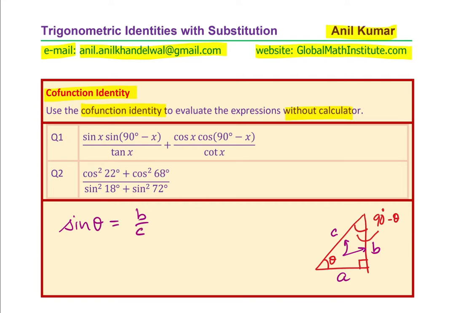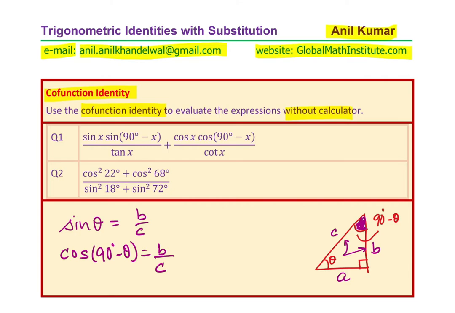Now see what is cos of 90 minus theta. When you see from the other angle, which is 90 minus theta, the adjacent side now is B, which was the opposite to theta. So that is also B over C. So what you notice here is cos of 90 minus theta is actually equal to sine theta, correct?